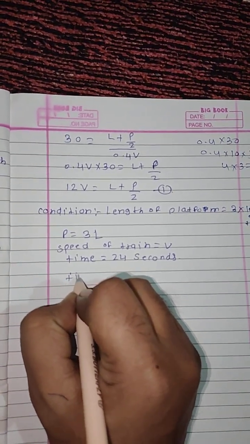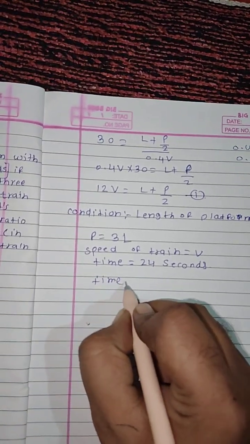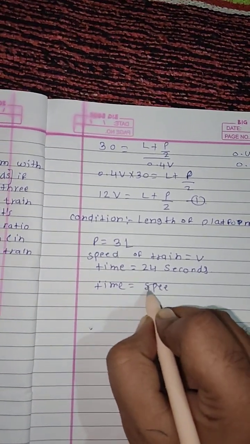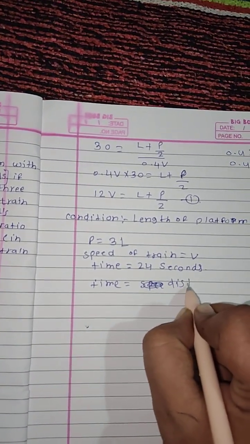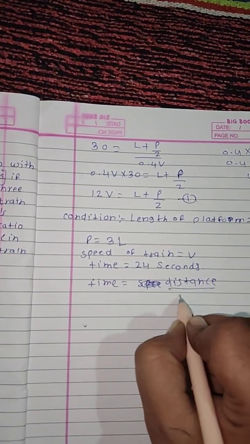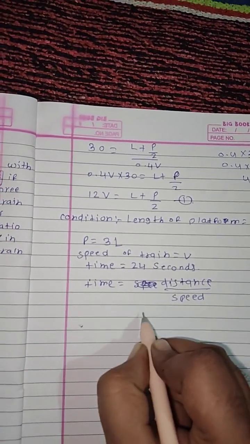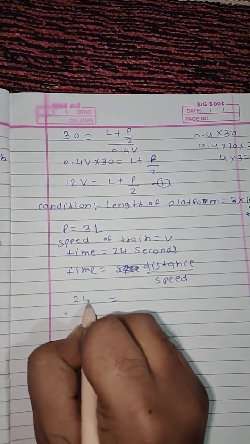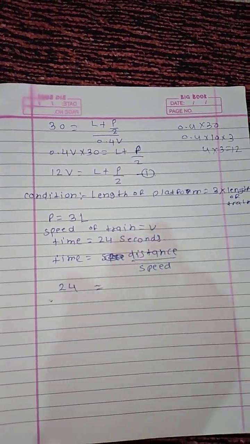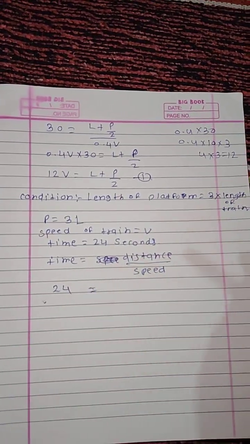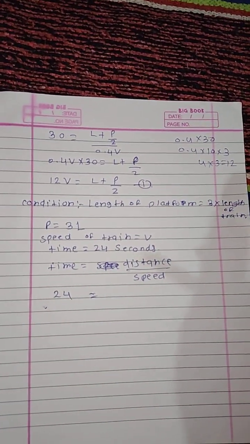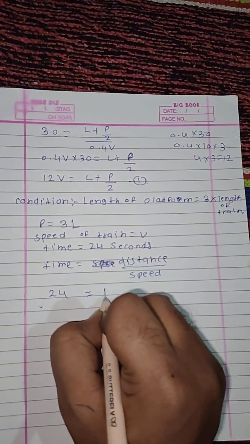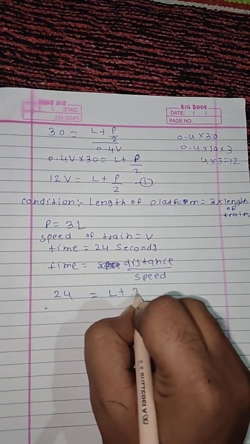So here time is distance by speed. The time they have mentioned is 24. What is the distance? Whenever a train crosses the platform, the distance covered will be the length of the platform plus the length of the train. The length of the train is L and the length of the platform is 3L.